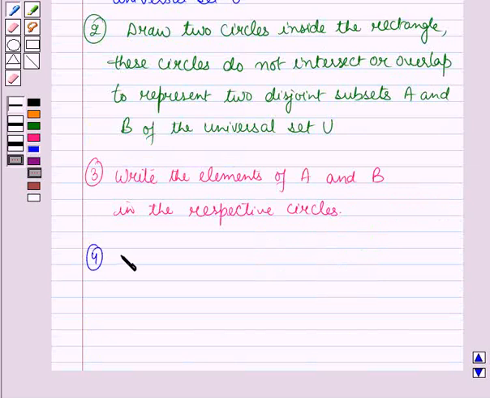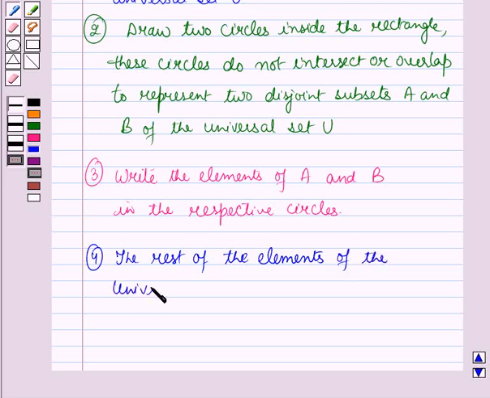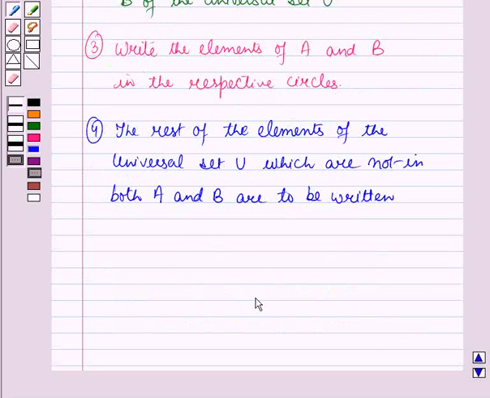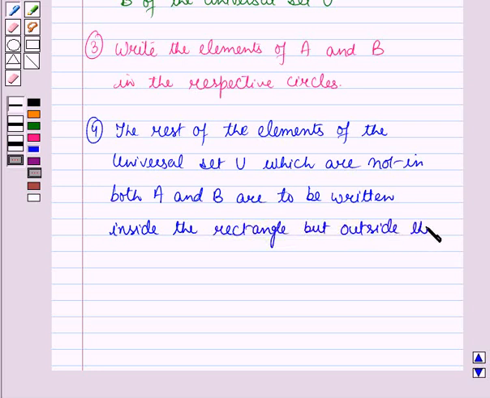Now in the next step, the rest of the elements of the universal set U, which are not in both A and B, are to be written inside the rectangle but outside the two circles.